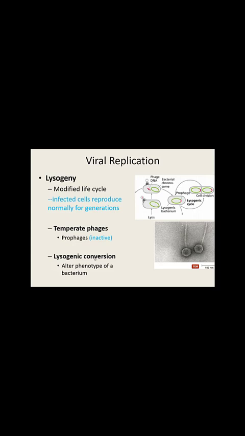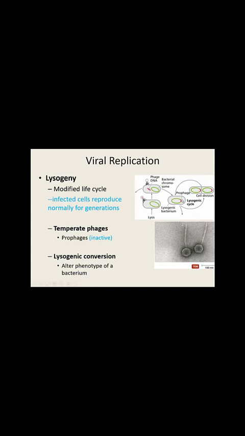They're just going to reproduce like normal. And this happens a lot in bacteriophages. So this is just showing some of the DNA or RNA got into the bacteria. It incorporated, it became part of the bacterial DNA.